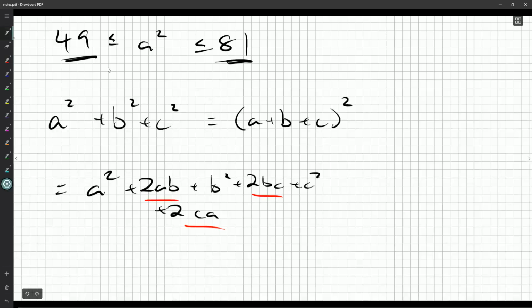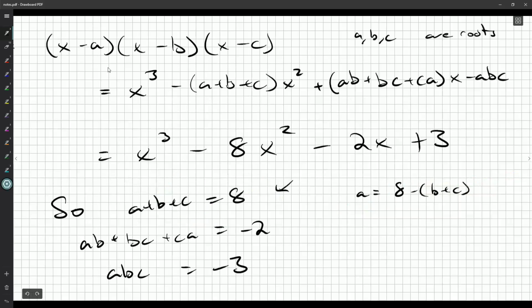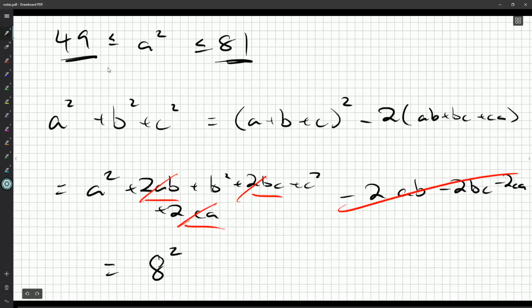So if we subtract off 2 times AB plus BC plus CA, we should be fine. And so that's A plus B plus C, it was 8. And AB plus BC plus CA was negative 2. So that's going to be 64 plus 4, 68.